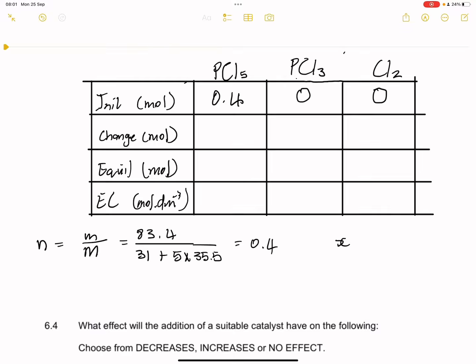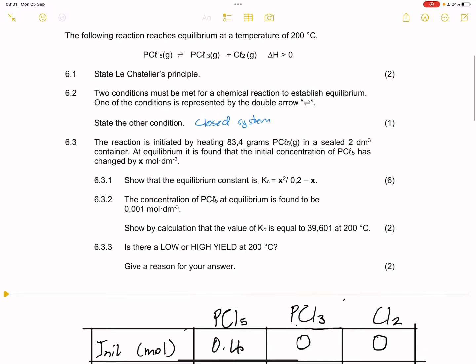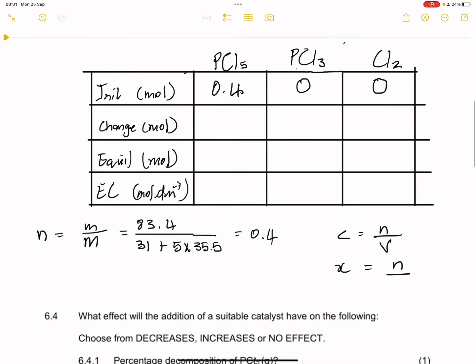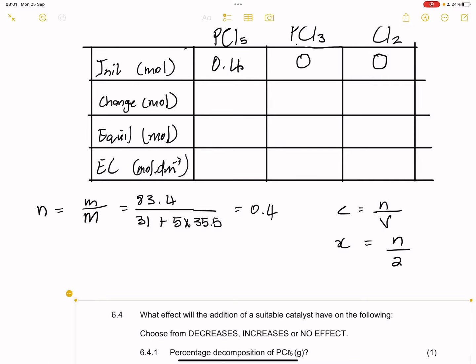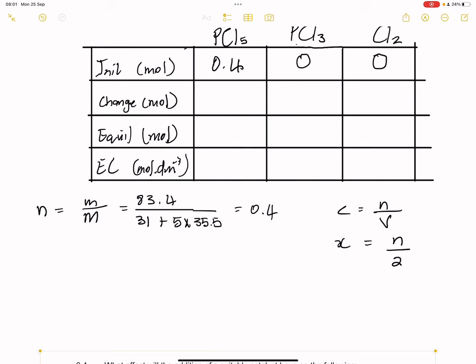Concentration is number of moles over volume, so my concentration is X, I want number of moles, and my volume, remember we're given a volume of 2, so that's going to be divided by 2. I'm going to take this right down so that we've got sufficient space.